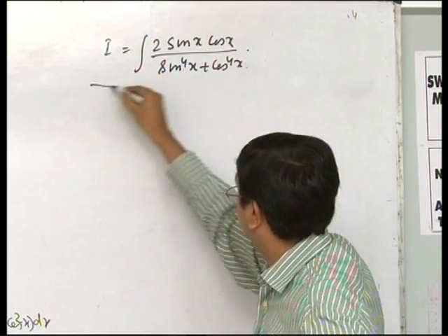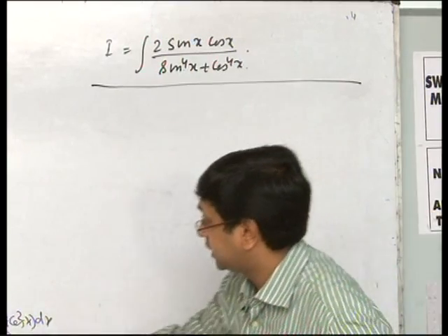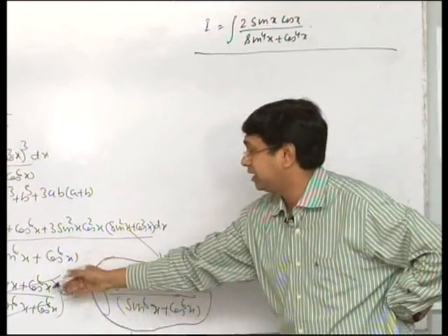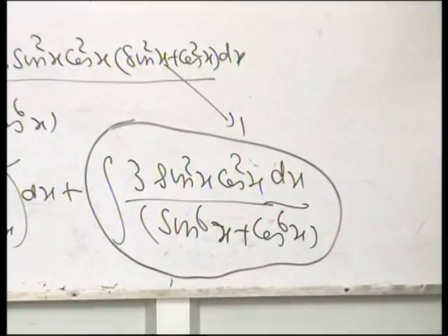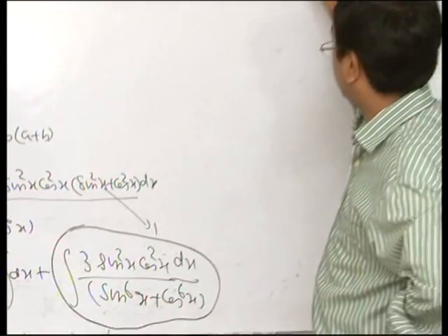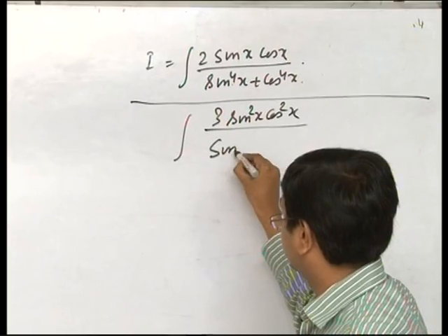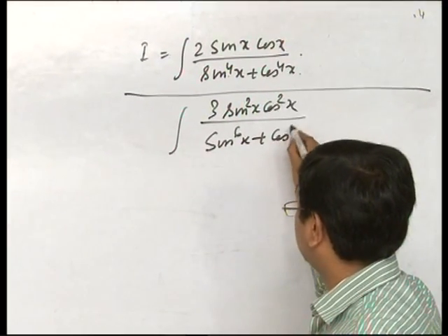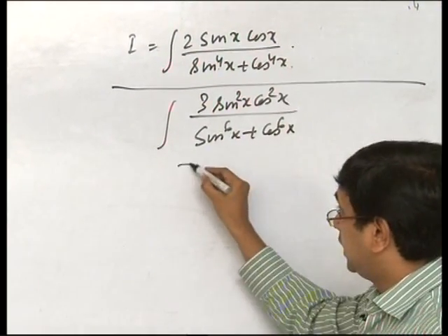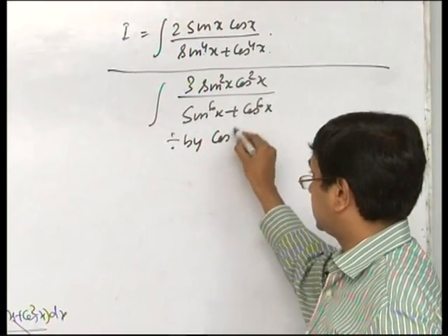Now with this we have, I'm just taking this part that is already integrated, x, 3 sine square x cos square x. Now see the correlation between two problems. I'm dividing it by cos to the power 6x.